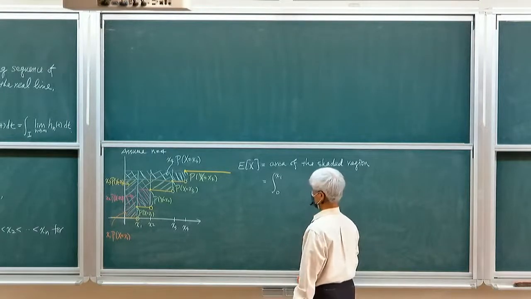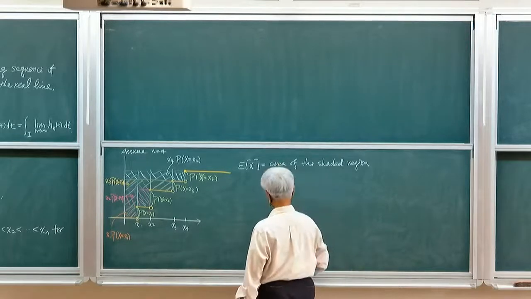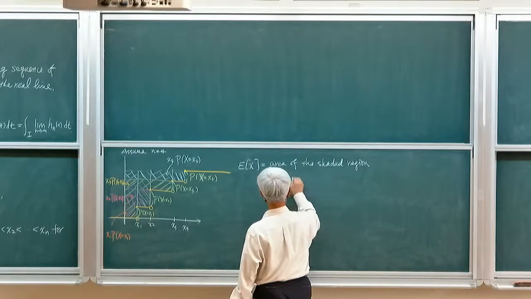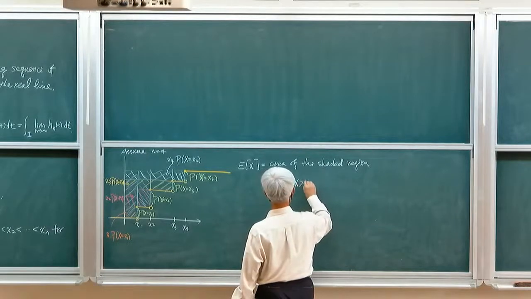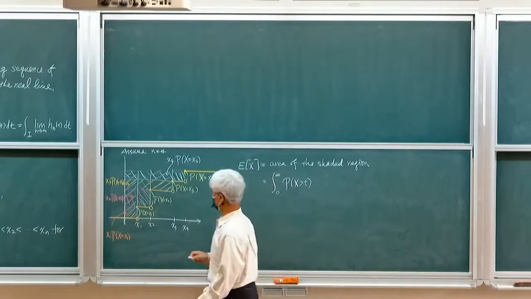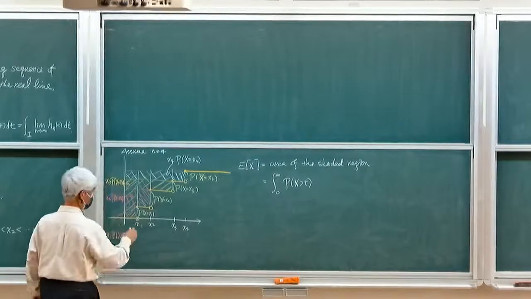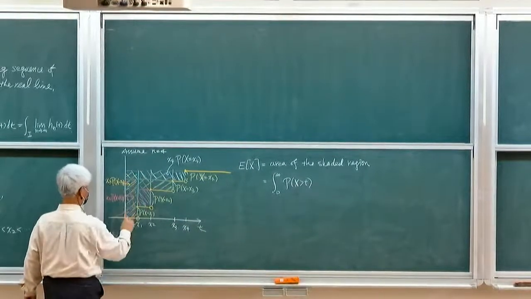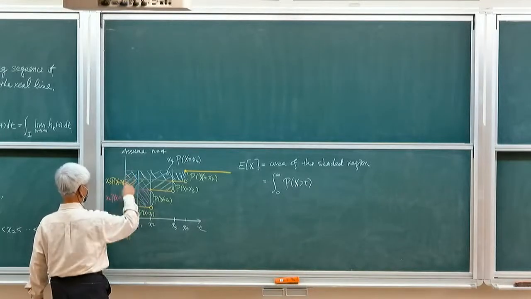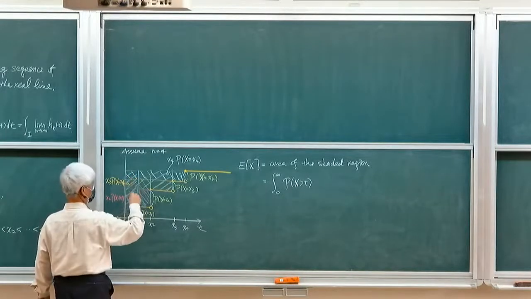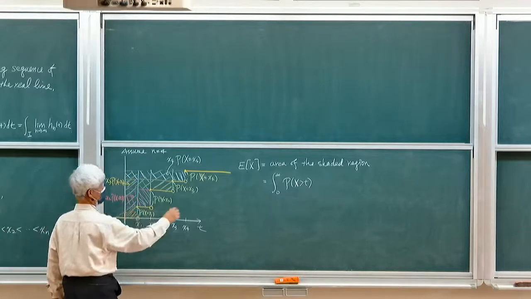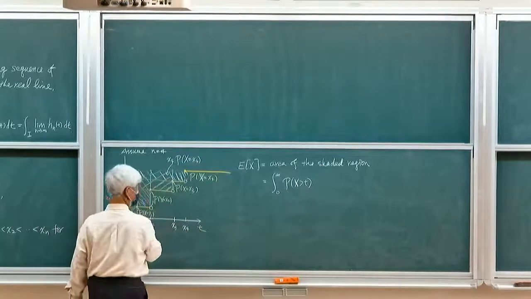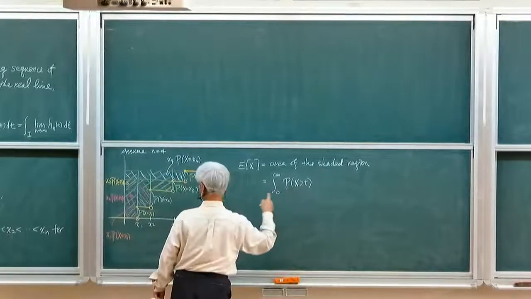I think we just write down the probability of X greater than or equal to t, because at every t here, the height is the probability of X greater than or equal to t. I'm sorry, X greater than t here.